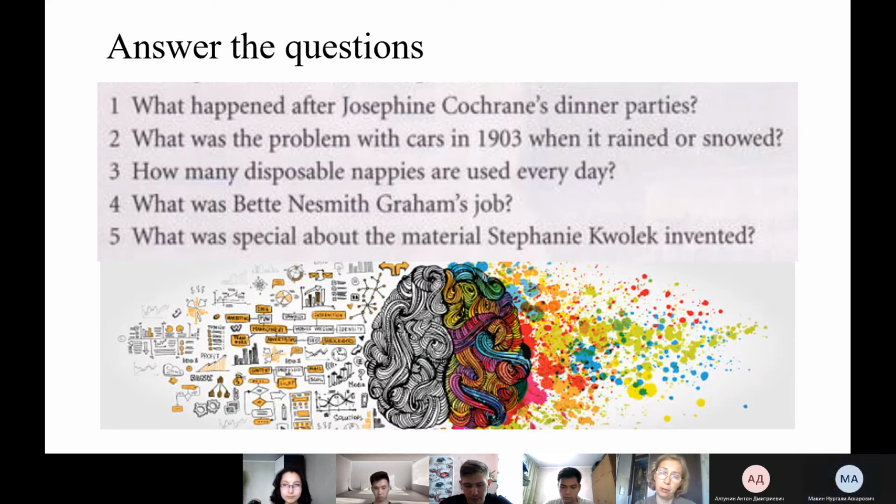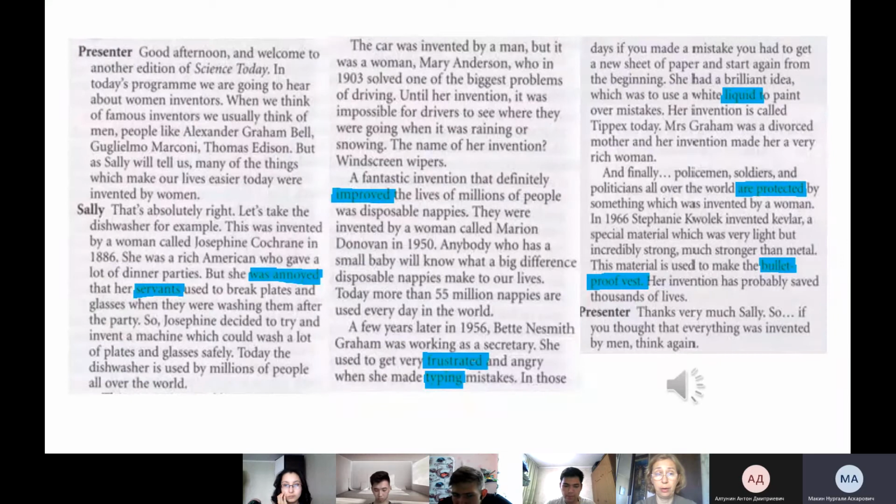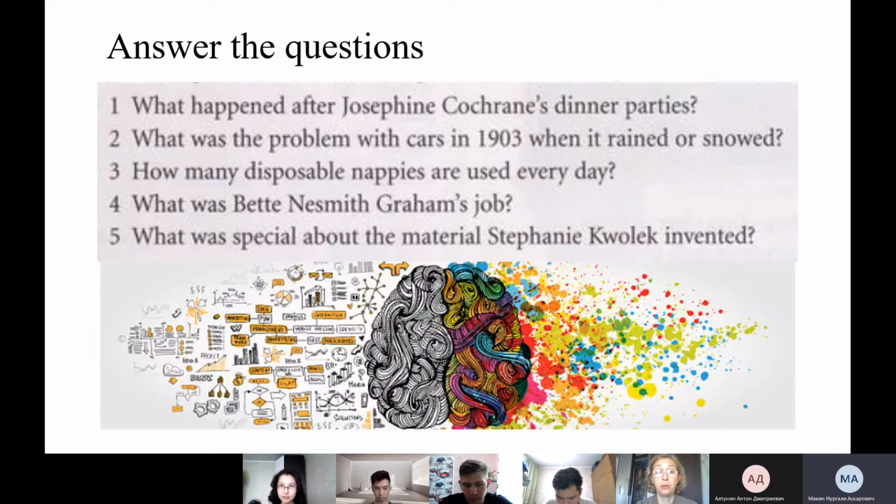What did they break? So after the parties, what did they break? Have a look. Nurgali. Plates and glasses when they were washing them. Yes, yes. So servants used to break plates and glasses.